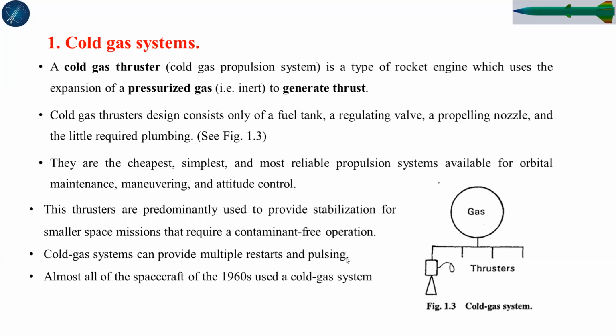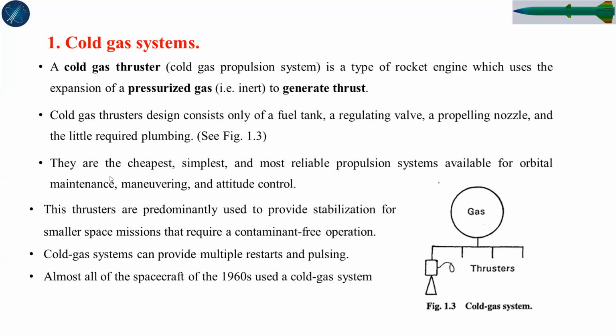Okay, so cold gas thruster design consists only of a fuel tank. So this is a fuel tank. Regulating valves, some regulating valves are also required. Again, a propelling nozzle is required. Look, so the constituents are the tank, some thrusters or the regulating valves, and then the nozzle.